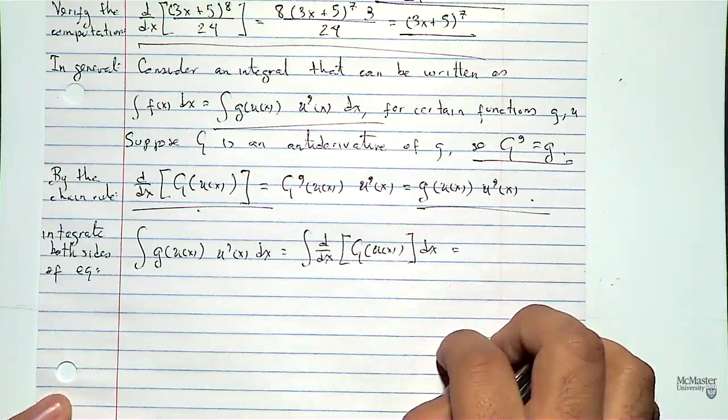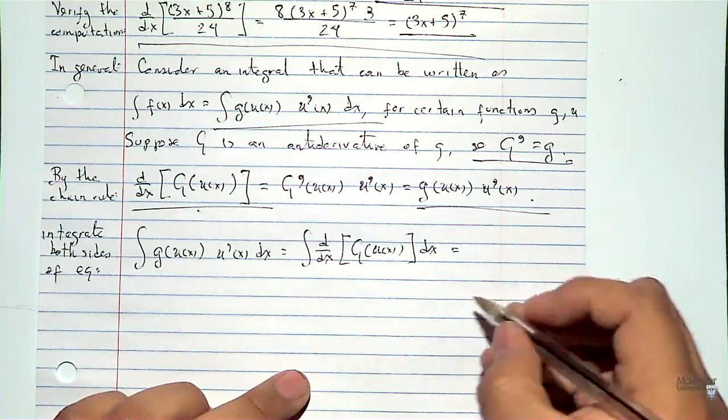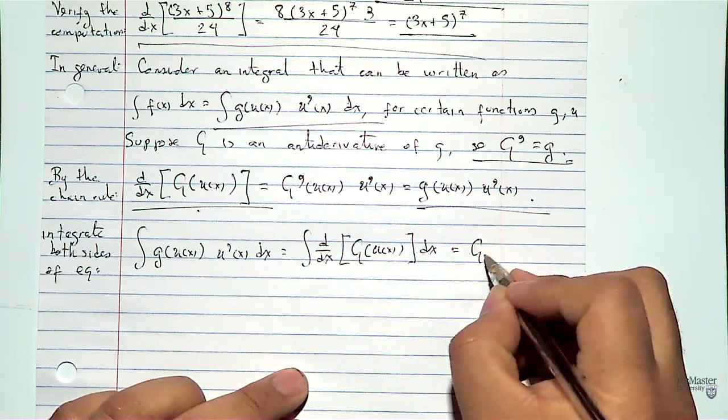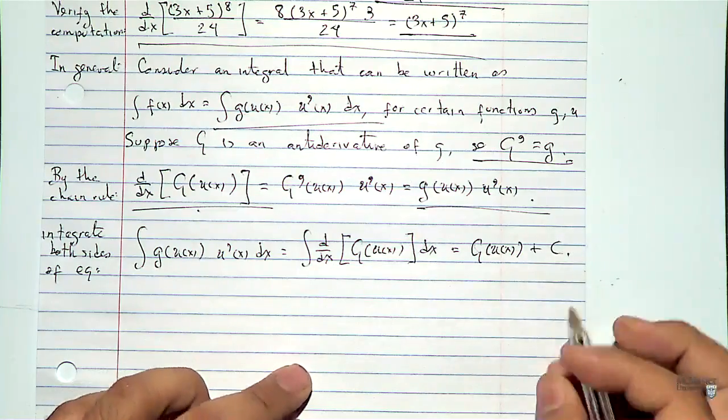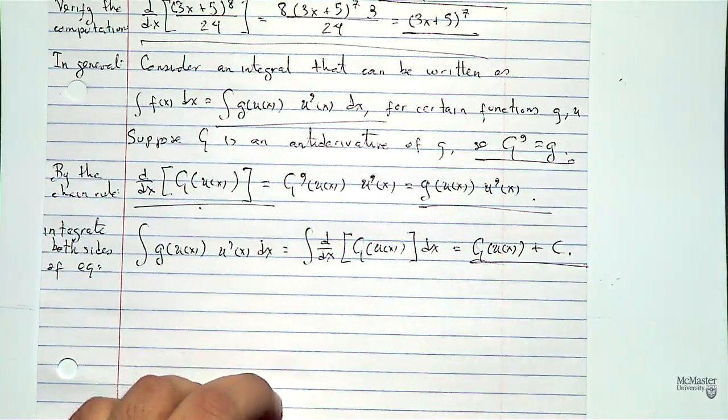Now, I know the integration and the derivative are inverse operators. So of course this cancels out and I get capital G of u of x plus a constant of integration because the problem is an indefinite integral.